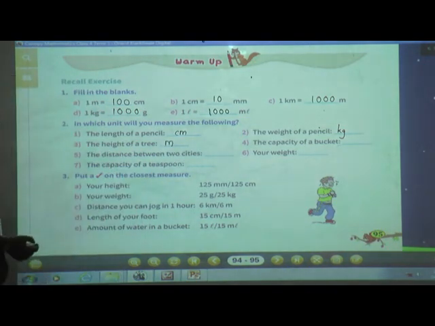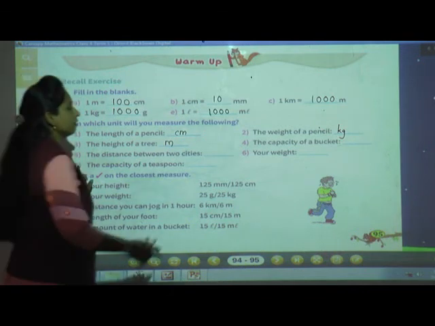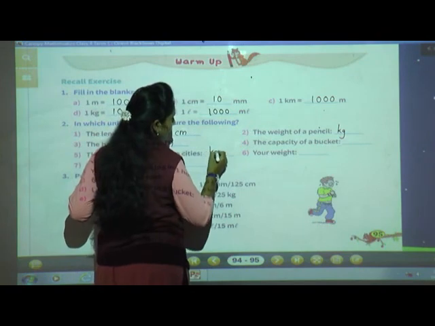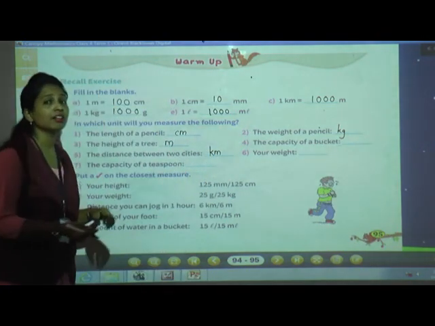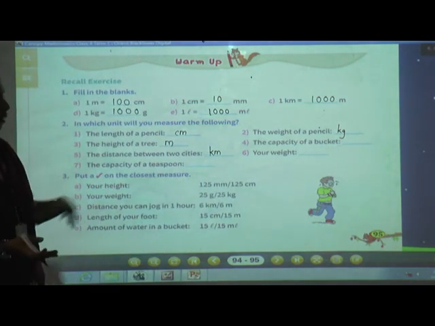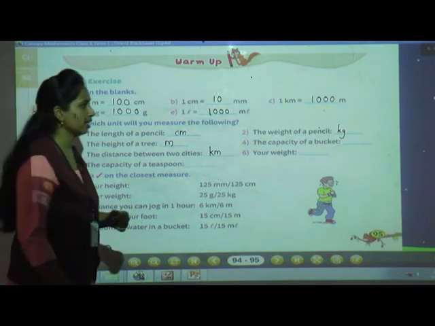And the next, now the distance between two cities. See how you will find out the distance between two cities? Yes, tell me, by kilometer. We say, from Pune or Mumbai, this many kilometers it is from Sholapur, in that way.